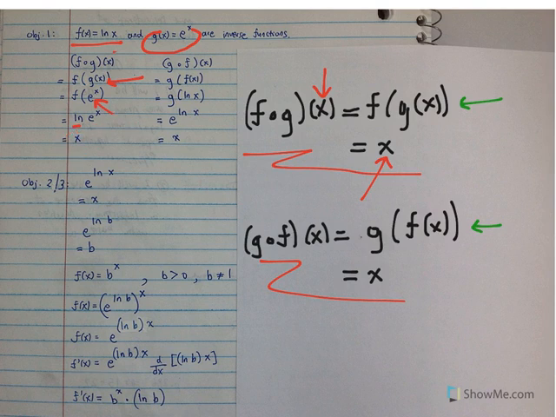Now let's do the other order of the composition. In the other order, we have g of f of x, where f of x goes first. So we have g of natural log of x, and the function g is e to the x, so we will now have e to the natural log of x. And because they are inverse functions, this composition will give us the original input.